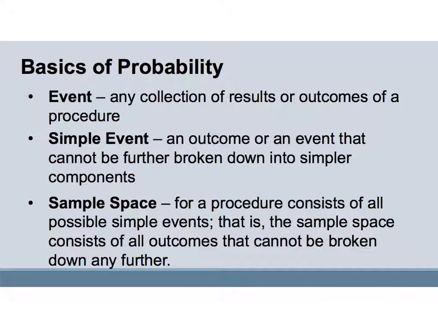So now to say that in English, the event could be you're going to have 2 kids. Well, there's only 2 outcomes for each kid. You're either going to have a boy or a girl. But you could have different combinations within those 2 kids. You could have 2 boys.